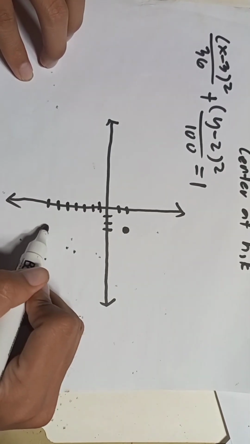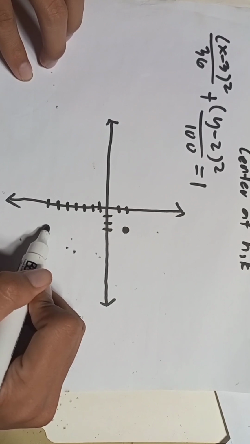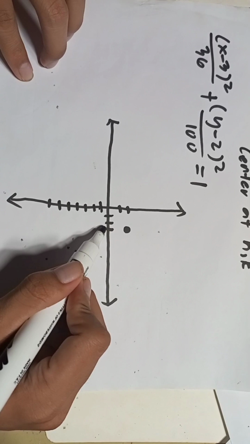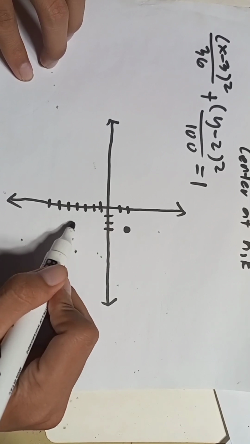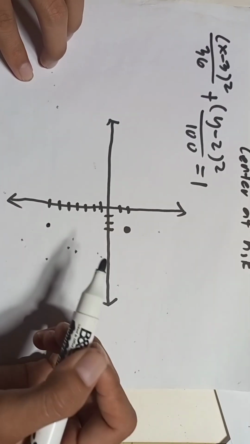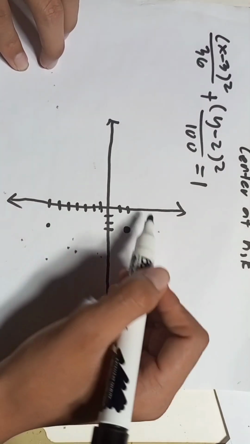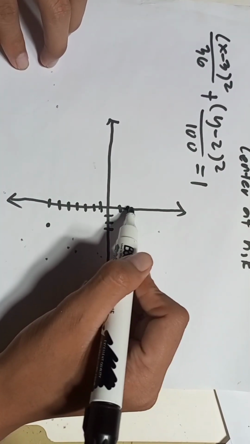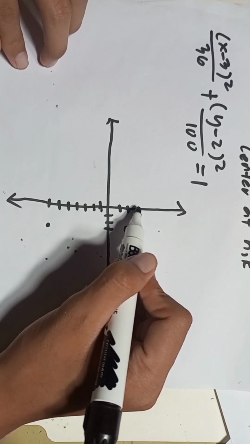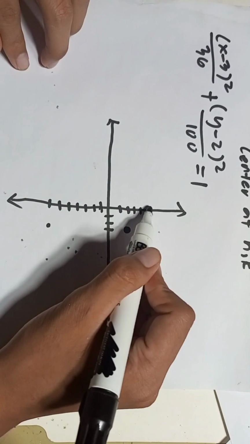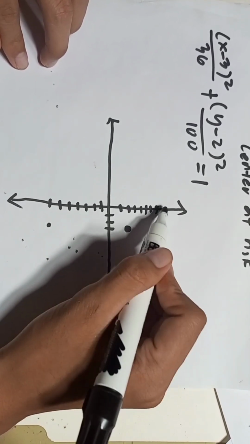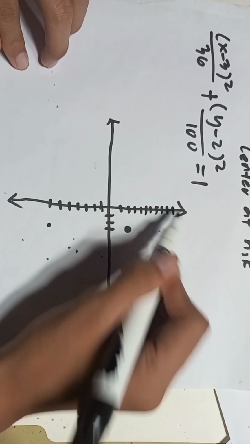Going straight from 3, 1, 2, 3, 4, 5, 6, 7, 8 here. Now in the other direction, 1, 2, 3, 4, 5, 6, 7, 8.